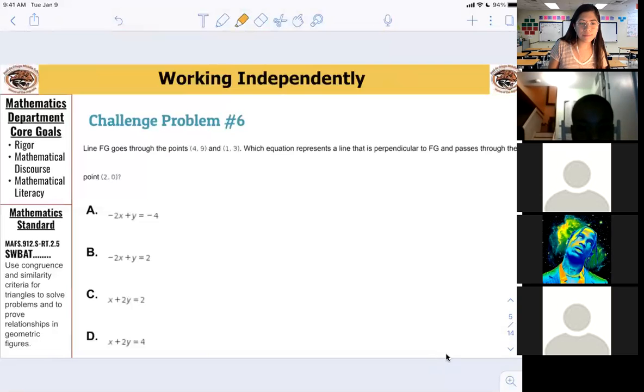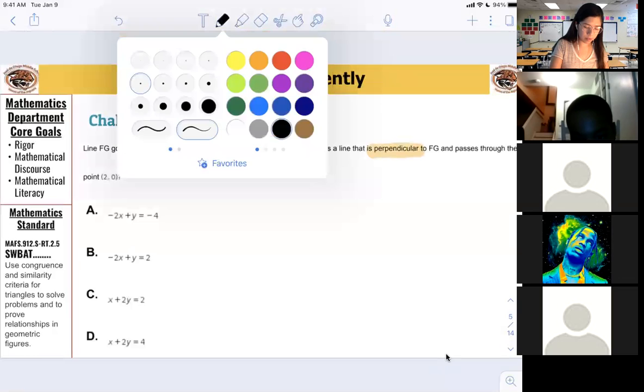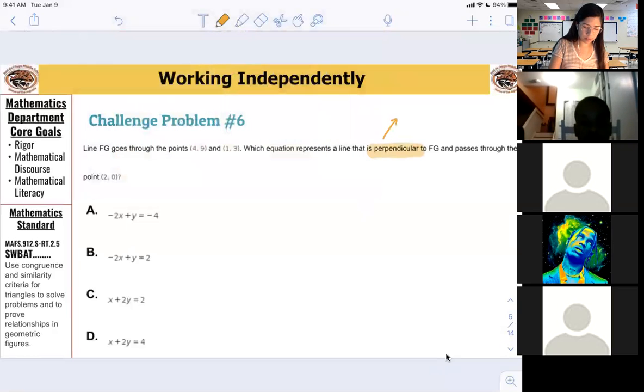Anyone? Keywords. Perpendicular? Perpendicular. What do I know about the slope of the perpendicular line?